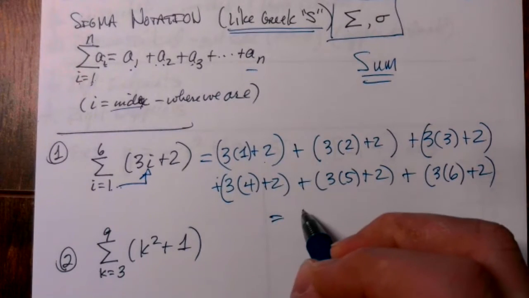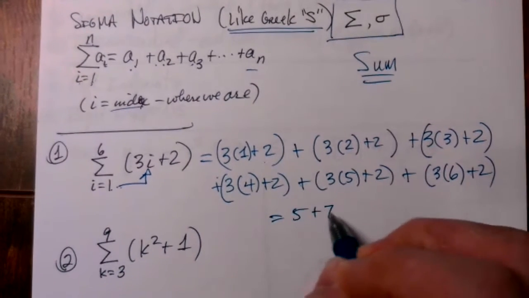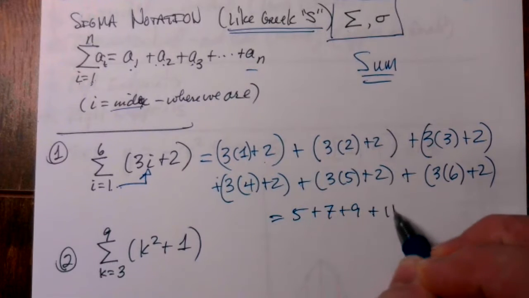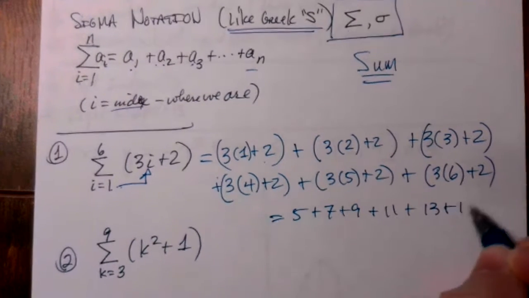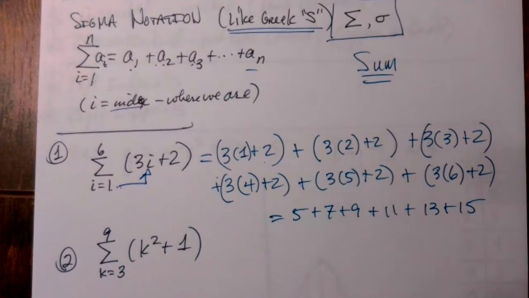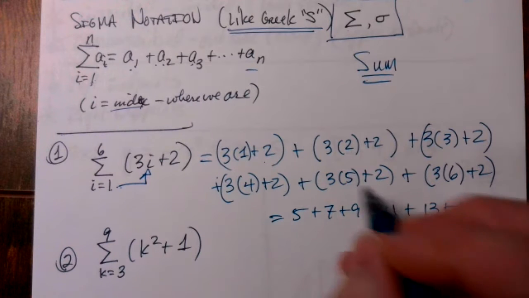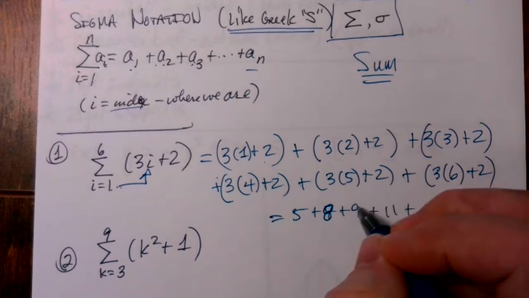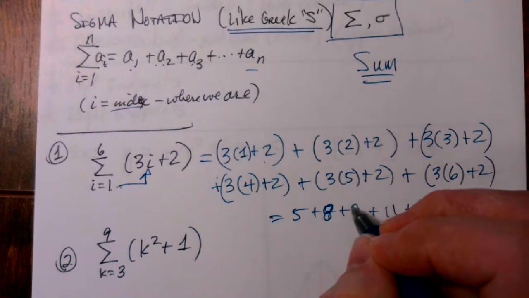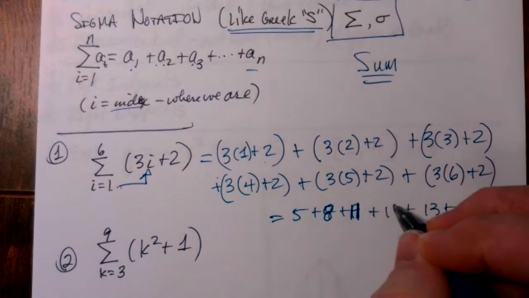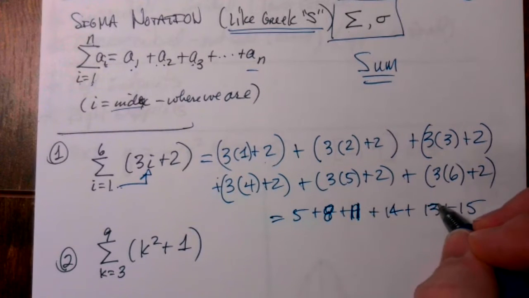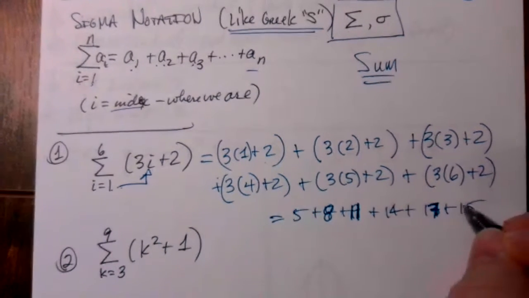So this is going to be 5 plus 7 plus 9 plus 11 plus 13 plus 15. No, this is wrong. Sorry, 8. I went a little too fast there. 17, 20.